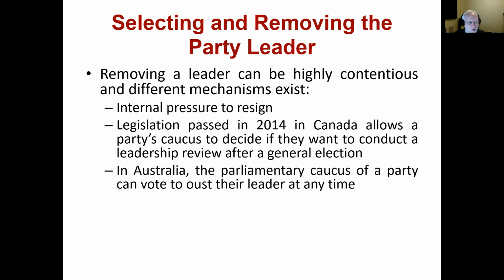Similarly, there could be external pressure from the electorate for the party leader to resign. Essentially, if the electorate shows that it has no confidence in the leader. Legislation passed in 2014 in Canada allows a party's caucus to decide if they want to conduct a leadership review after a general election.